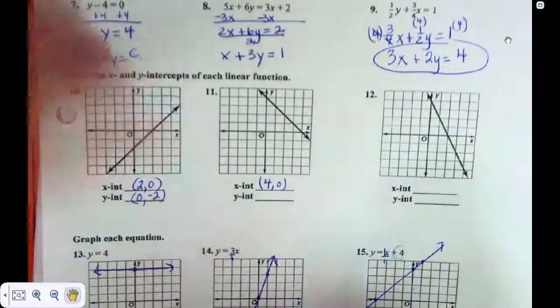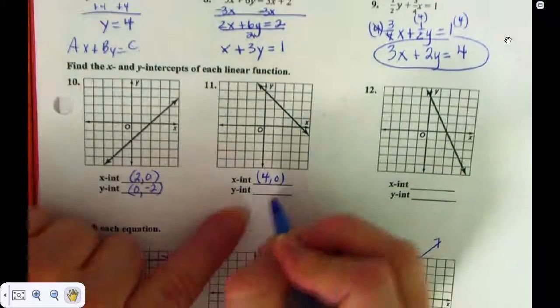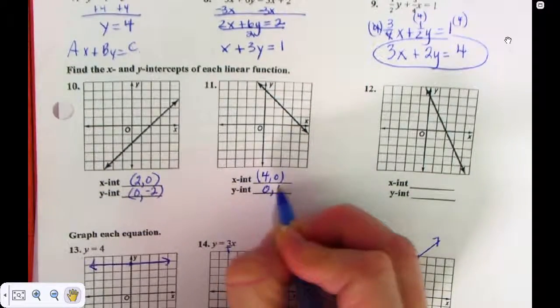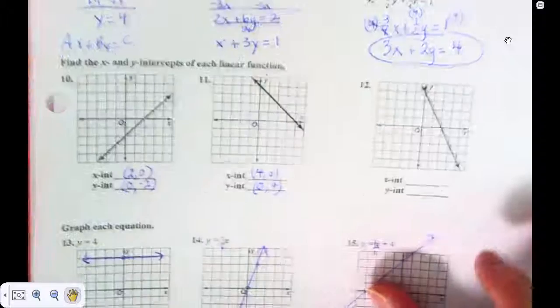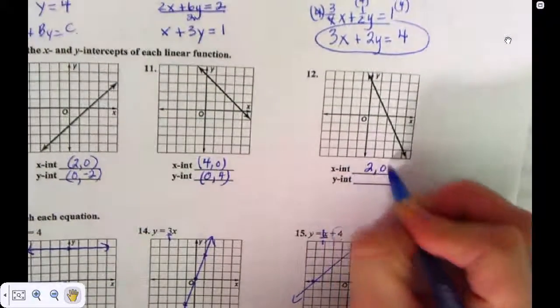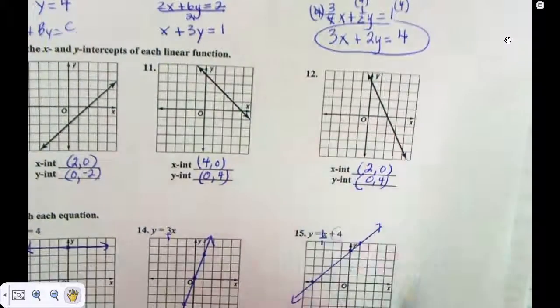Yeah, we already did 10 yesterday. Okay, and the y-intercept, 0, 4. True. Okay, number 12, x-intercept, 2, 0, and the y. Good. And we already did 13, 14, 15.